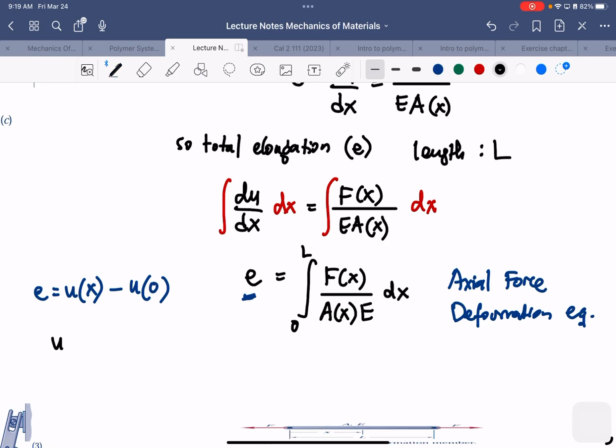Then we can also express in terms of u of x. This will be u0 plus the e. We make this a variable itself, x, so it will be a function at the end.